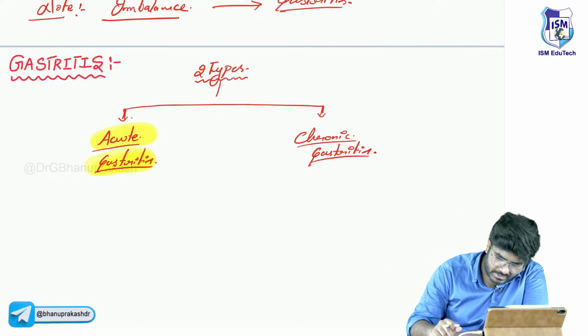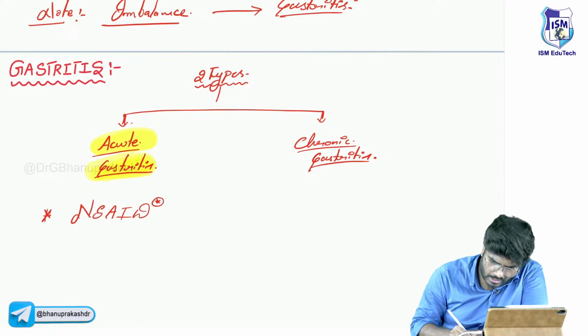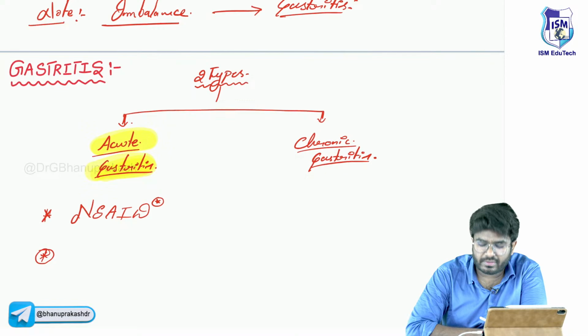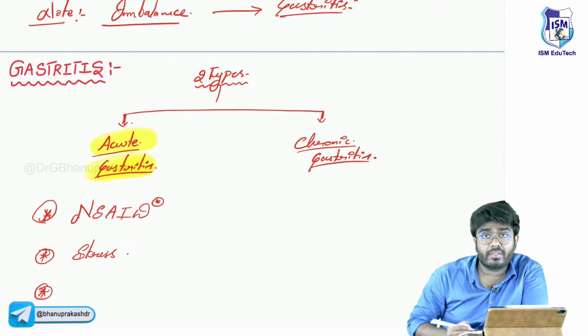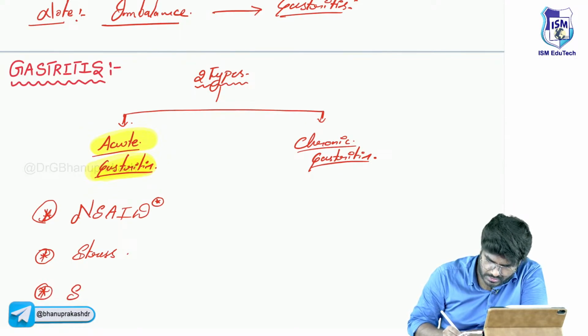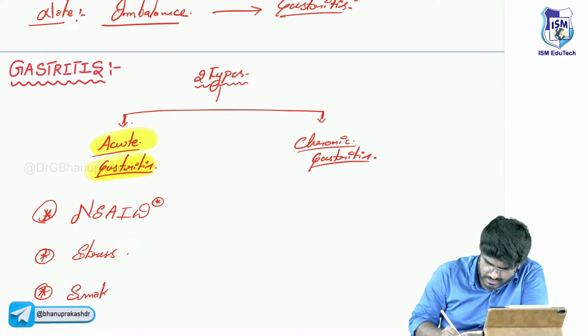So acute gastritis is seen with taking non-steroidal anti-inflammatory drugs, which is important, or if the patient is in a stress condition, or with smoking and alcohol intoxicants.